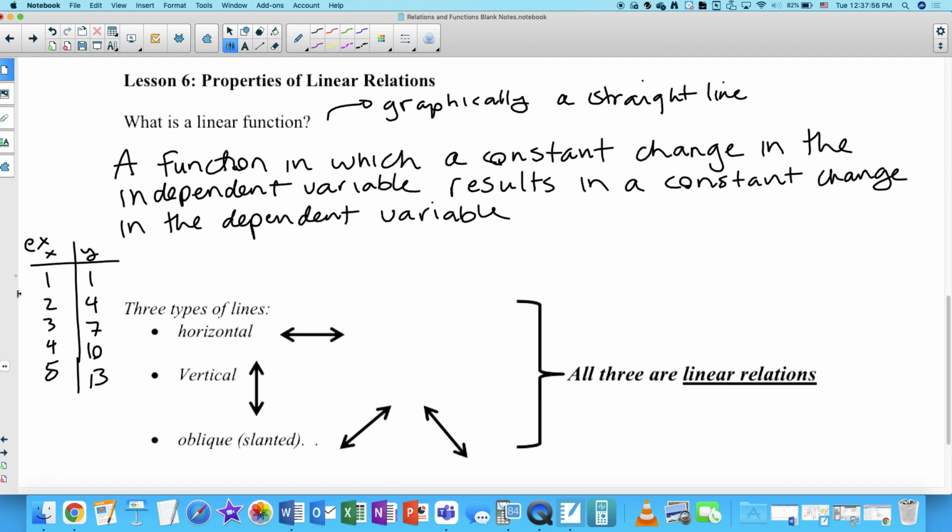These are all linear relations, but they're not all functions. Which are not functions? Yes, a vertical line will not pass the vertical line test. So the vertical line is a linear relation, but not a function.